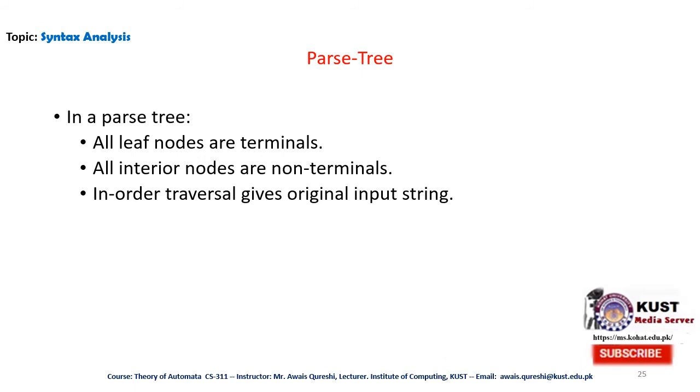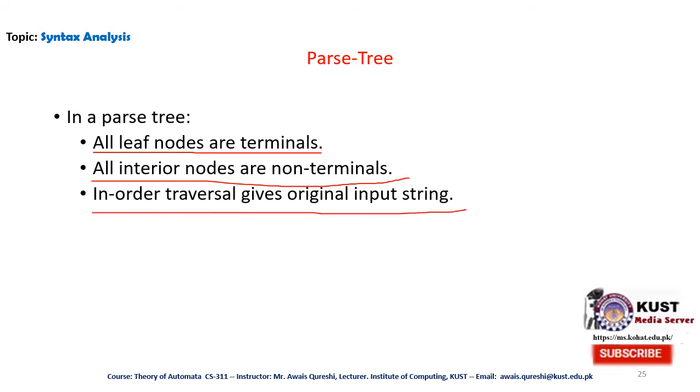In a parse tree, all leaf nodes are terminals. This is the main point, and all interior nodes are non-terminals, and an in-order traversal gives the original input string. You have studied in your previous semesters the traversal methods of different trees. In-order traversal is that order in which the operator comes in between, so that's why we call it in-order traversal.